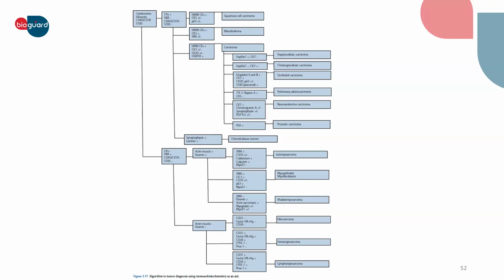Once we know the general origin, we apply more specific markers. For example, if cytokeratin and P63 are both positive, it suggests squamous cell carcinoma. This step-by-step flowchart helps reduce confusion, especially in poorly differentiated or metastatic tumors. So instead of guessing, we follow a logical path using IHC to guide us through diagnosis based on marker patterns, staining localization, and clinical info.